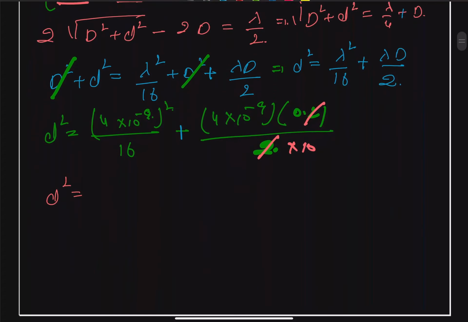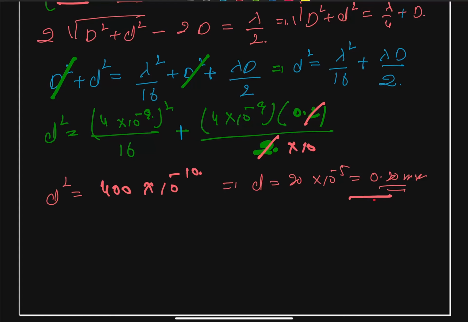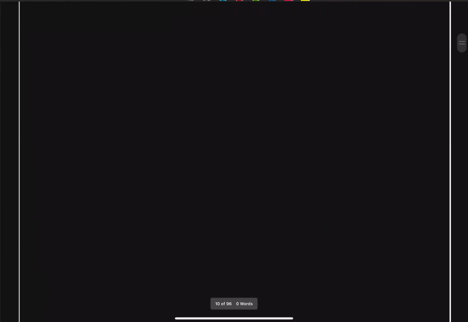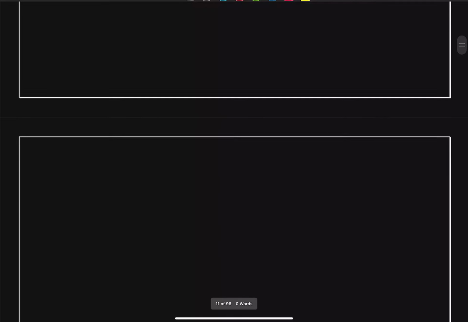So this will be equal to 400 into 10 to the power minus 10. So this gives us that our d will be approximately equal to 20 into 10 to the power minus 5, or we can also write it as 0.20 millimeters. This is the value of d, in millimeters is asked, which is 0.20 millimeters. Next question.